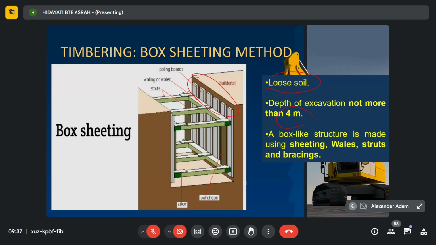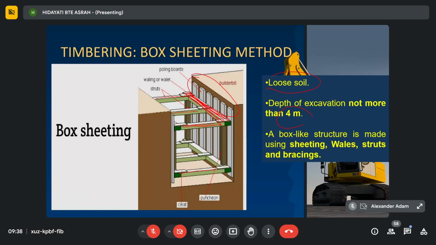Then we have the waler or walling to support the polling boards, and also the struts. There are 2 struts for each side, a top and a bottom strut, in order to keep the polling board in vertical position. So this is a simple arrangement of box sheeting. But you have to remember: loose soil and not more than 4 meters excavation depth.